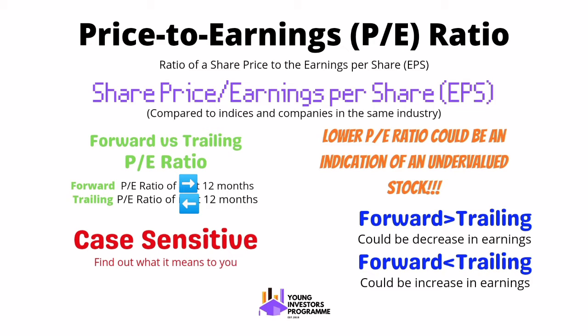But of course, the PE ratio is fairly case sensitive, and you'd have to find out what it means to you. Different investors have different opinions on it, and you just have to find out how important it is to you and how you would use it best in your analysis.